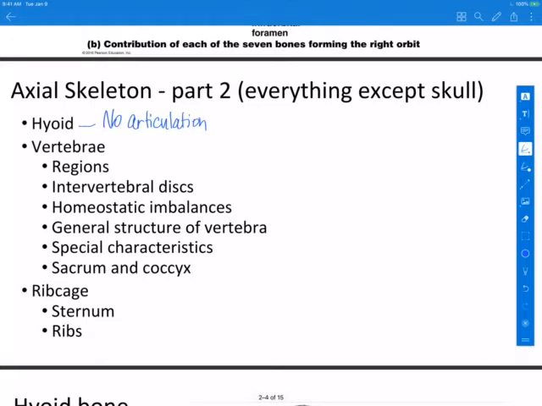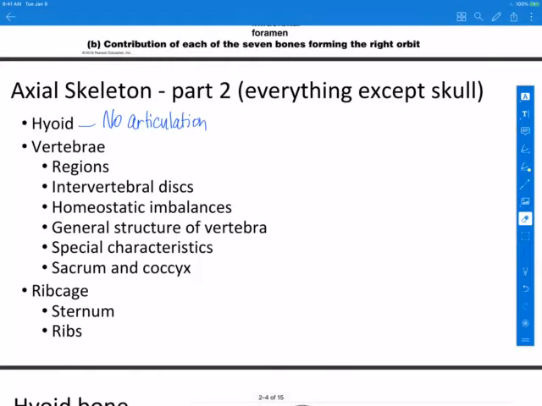After I talk about the hyoid bone, I'll end up discussing the different aspects of the vertebra, the 5 major regions of the vertebra, the intervertebral discs, what makes them and what their function is, a couple homeostatic imbalances that relate to abnormal curvatures of the spine, the general structure of your typical vertebra, and then I'll point out some special vertebra with special characteristics that have a different form and a different function.